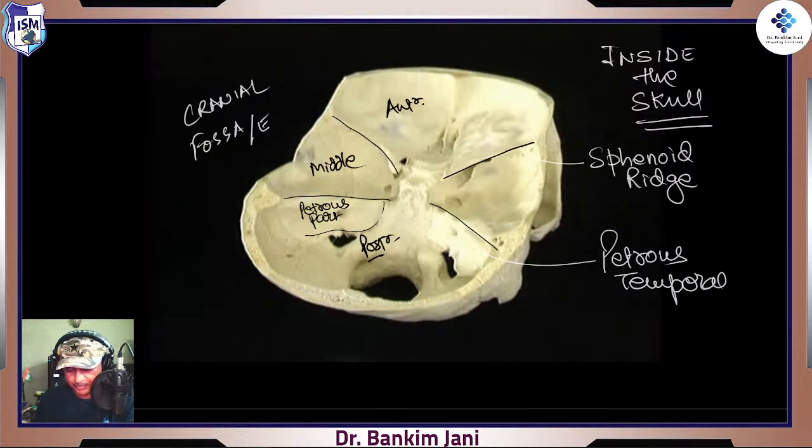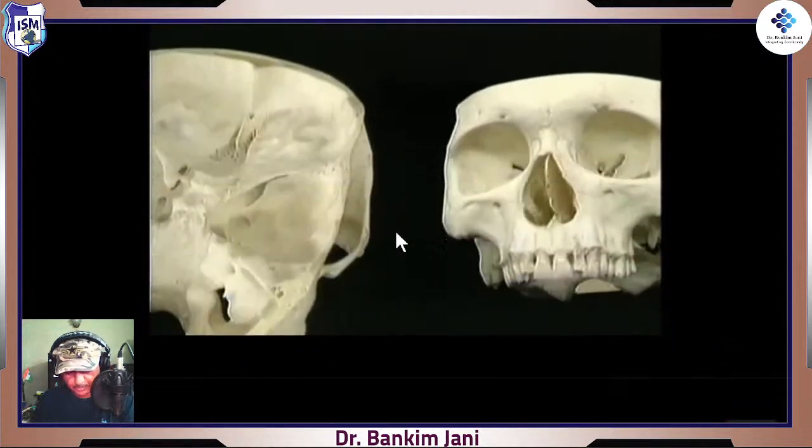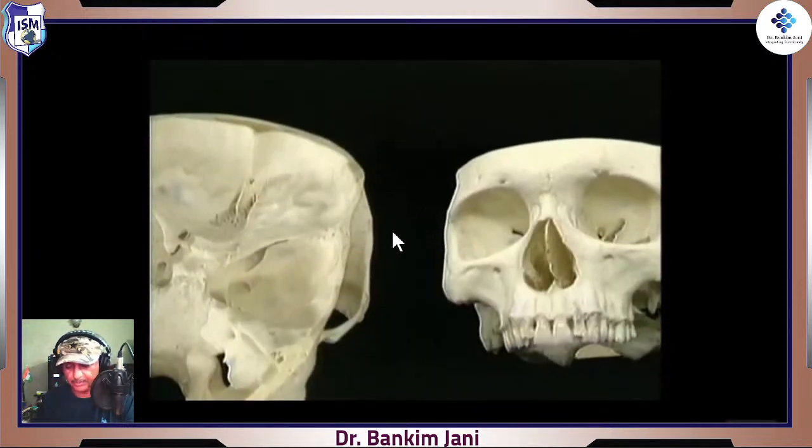Now see, there are so many foramina, etc. We are coming to that. Now see, this is for the orientation. The bone which is over here, this one, right? This is inside the skull. So that means it is absolutely anterior.